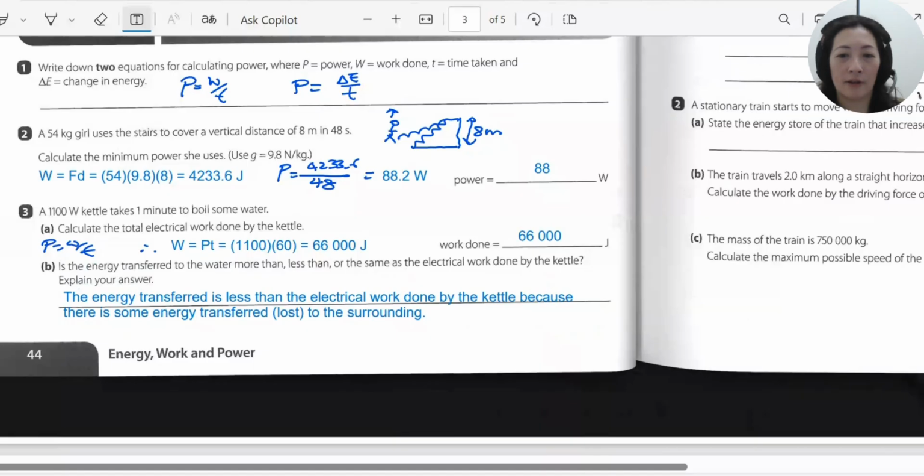Okay, so that's your answer. If you're wondering what the energy loss to the surroundings could be, it could be the air, for example. That means some of the heat energy is lost to the air, or even the body of the kettle itself, whether it's plastic or metal, the kettle will absorb some of the heat energy. So not all the energy was absorbed by the water.